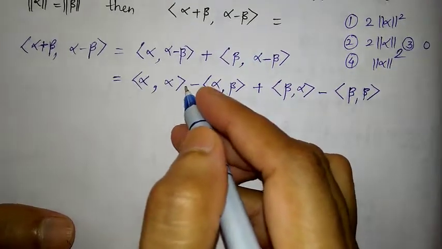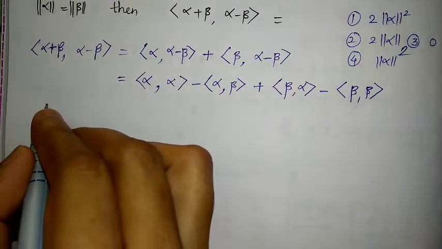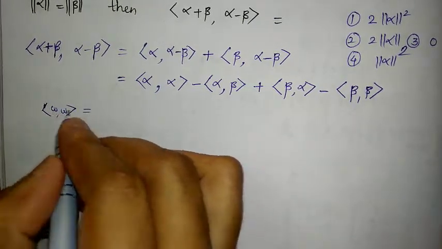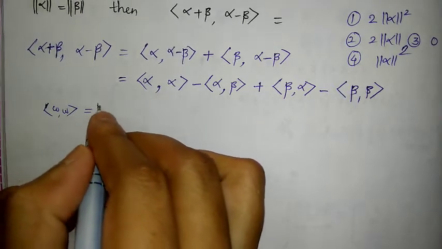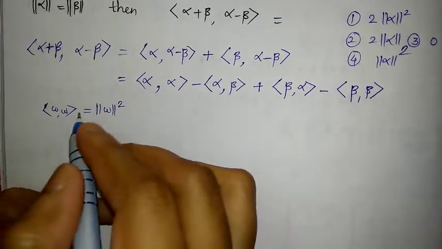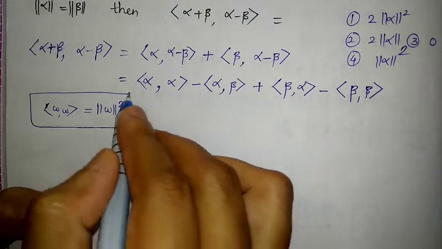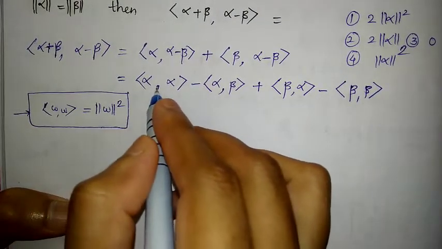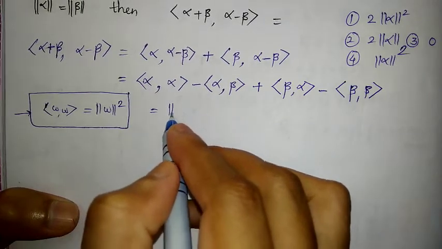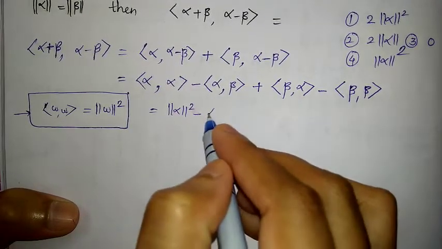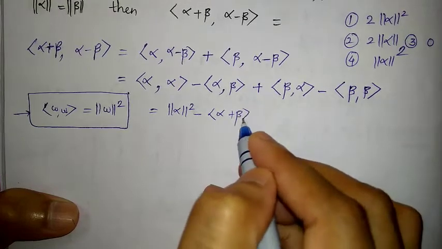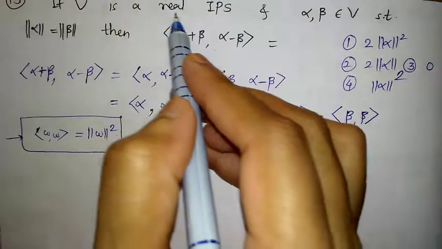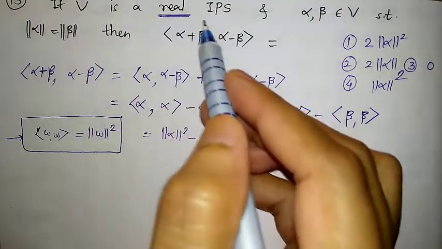Now the important property of this norm is, whenever we have inner product of W with W, it is just equal to norm of W square. So this is an important thing, so remember this. By using this, inner product of alpha with alpha is same as norm of alpha square, minus this alpha plus beta as it is, and now we are given this inner product space is a real inner product space.